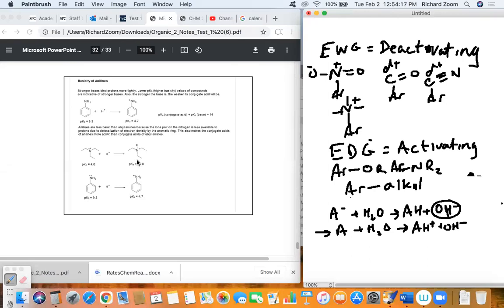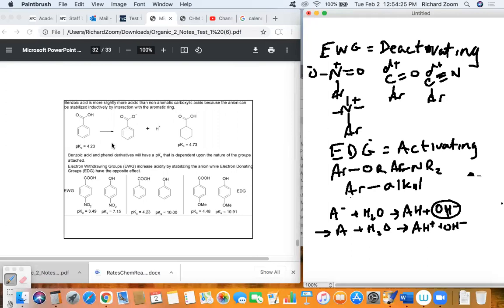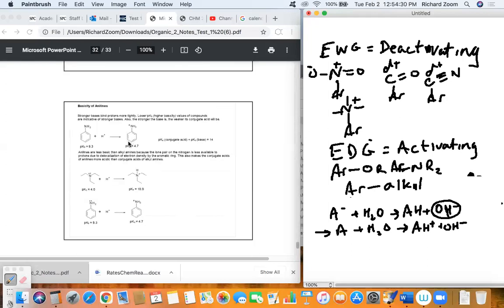All right. Now back up over here, the conjugate base is whatever we're getting along with the H plus, so the anion. These are acids and they're becoming the conjugate base. These are bases, they become the conjugate acid. So looking over here, this is what I've got as the conjugate acid.